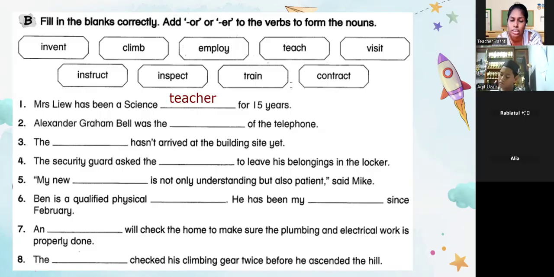Make sure add ER or OR. Kalau kamu guna jawapan yang ada di sana tu saja, your answers won't be correct. Mesti tambah ER atau OR, okay? All done?